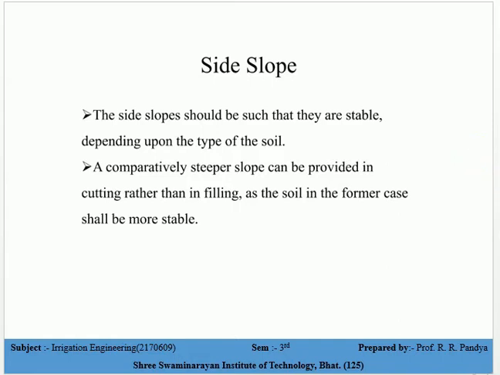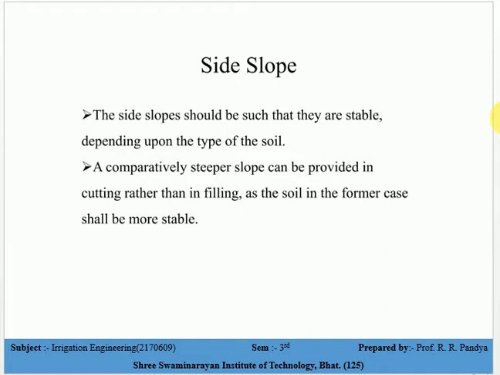So what is the side slope? The side slopes should be such that they are stable depending upon the type of soil. Okay, first consider that it should be in stable mode.